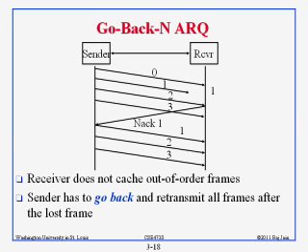The sender has to go back and retransmit all frames. The advantage of this method is that the receiver doesn't store any of the packets which are not in order. It got 0 which is in order, but 2 is out of order. It gets 2, throws it away, and sends a NAC 1.